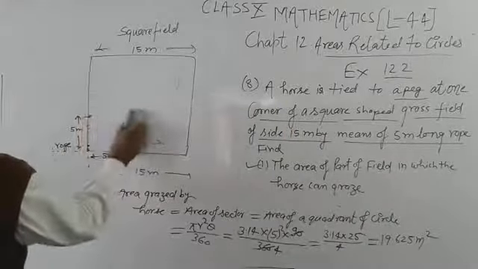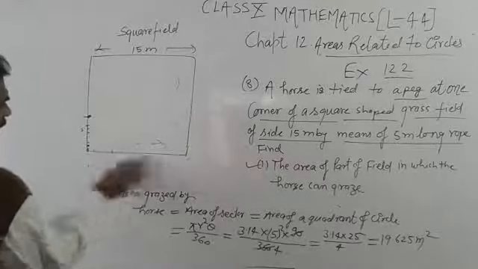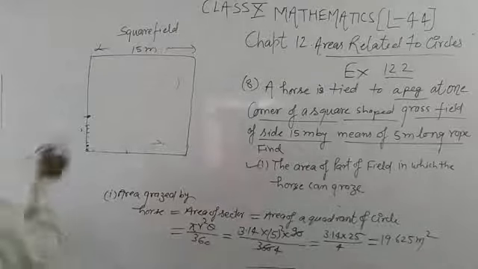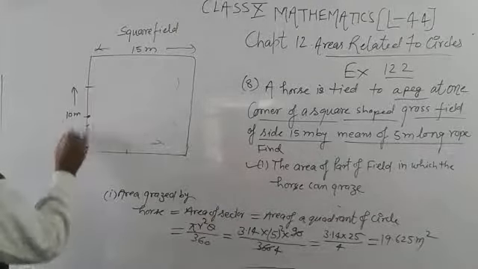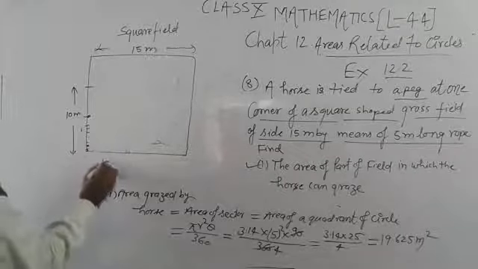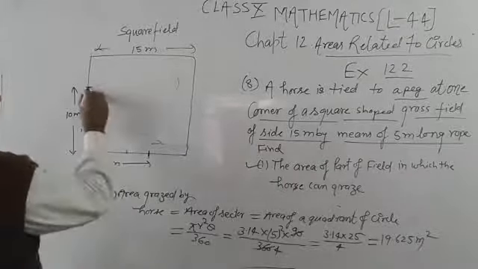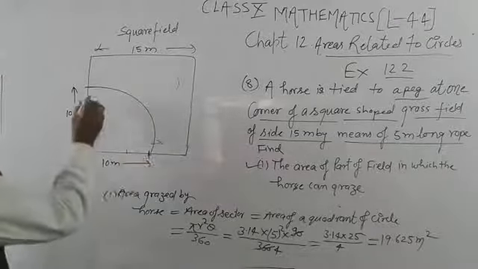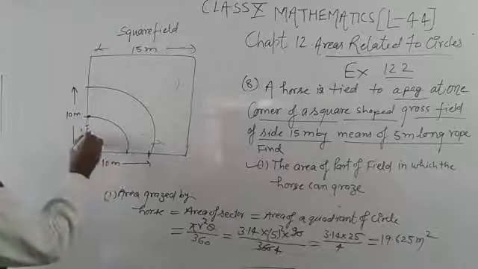Suppose the length of rope is 10 meter. Then the horse can graze the area of that portion, and it was the area for 5 meter.